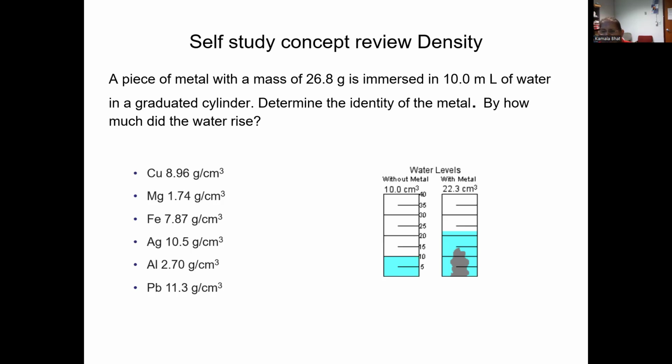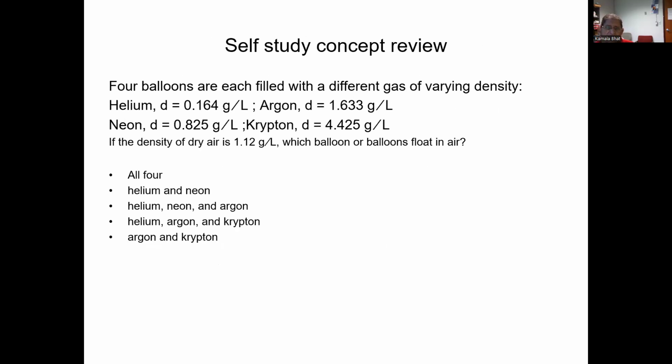And when you introduce the substance into the water, see by how much the water level rose. The difference in the height of the water will give you the volume, and you have the mass. And so with that, density is defined as mass over volume. You can use it to identify the substance.